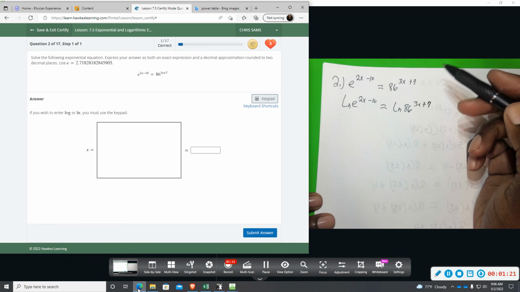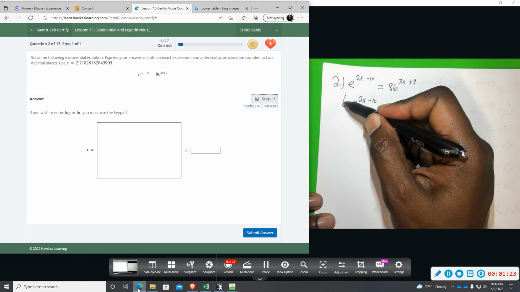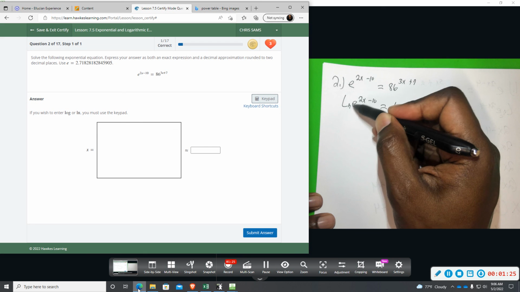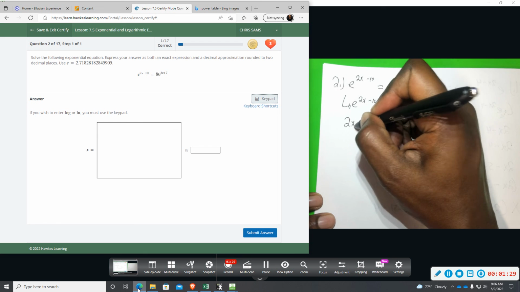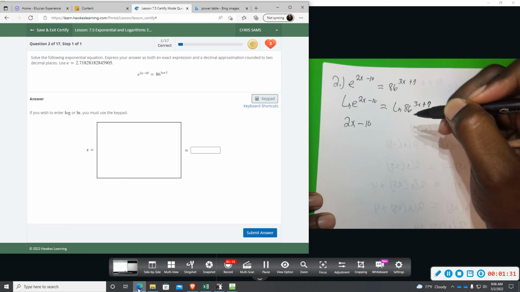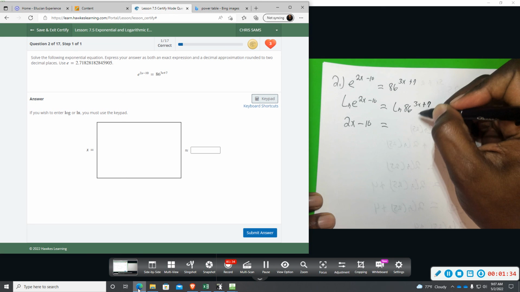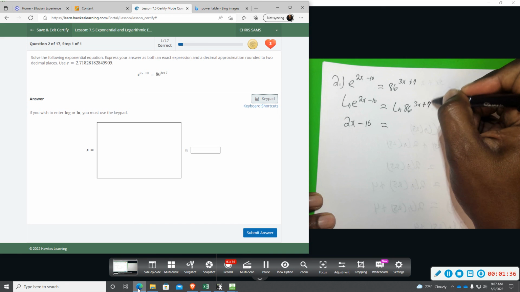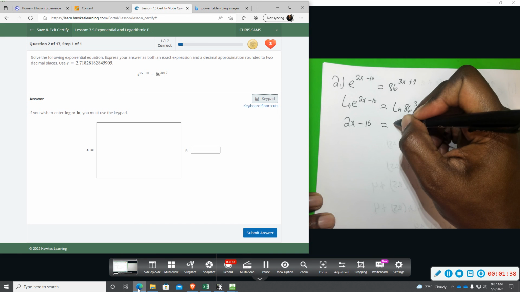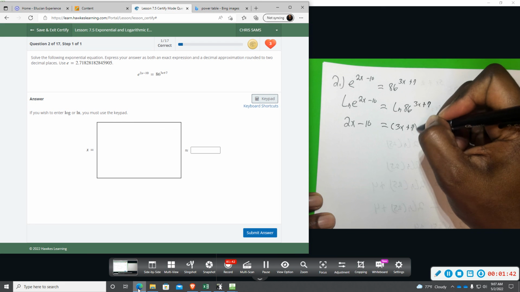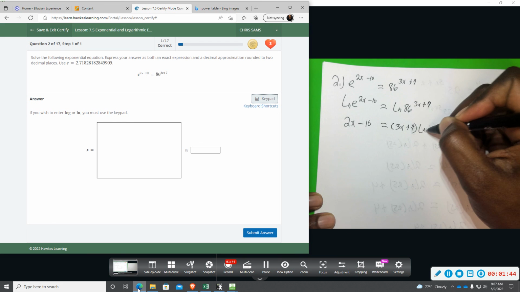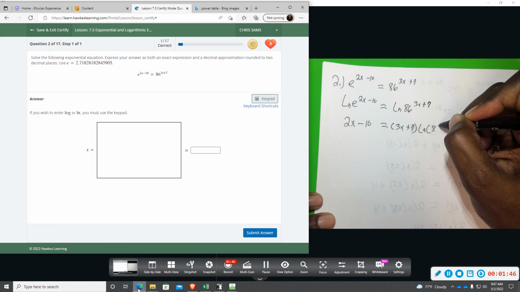And then the natural log has understood base e, will cancel that out, and so we'll be left with 2x minus 10, and that equals, and I'm going to pull down the 3x plus 7 as a constant, so I'll have 3x plus 7 times ln of 86.